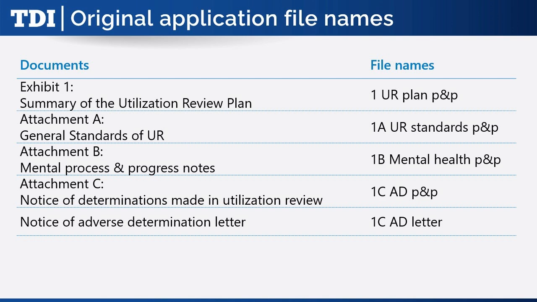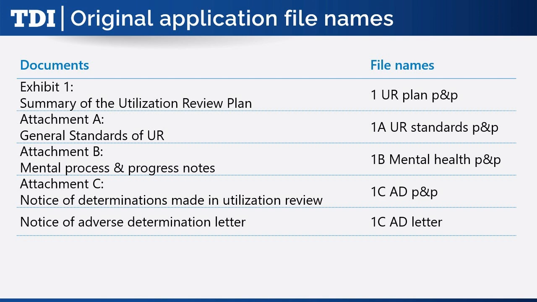Since an original application includes much more documentation than renewal or update applications, the components of the naming conventions are a bit different than the other application types. Instead of just representing the exhibit number and the name of the document, some of the original application exhibits also have attachments within the exhibits as well.